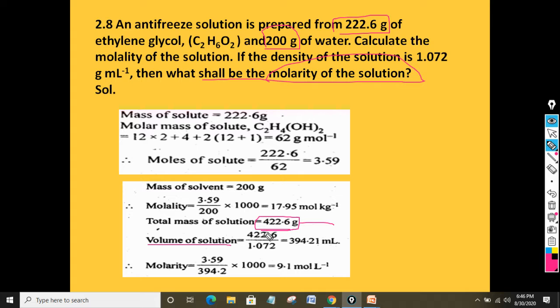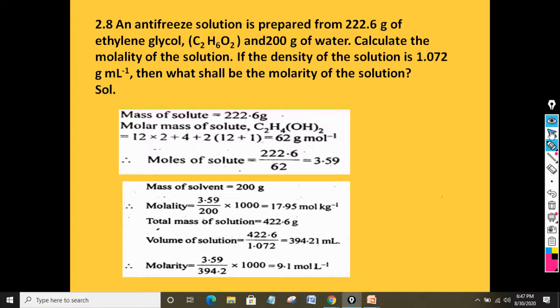So volume of solution is mass upon density, which gives 394.21 ml. Molarity is number of moles upon volume of solution into 1000. Why? Because the volume of solution was in ml and 1000 is for converting it to liters. So 9.1 moles per liter.